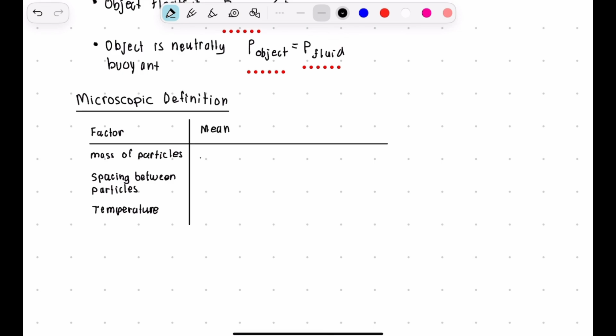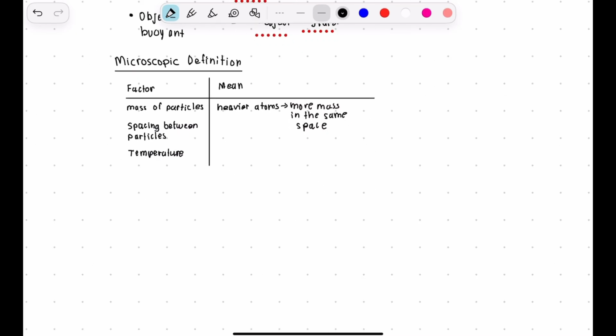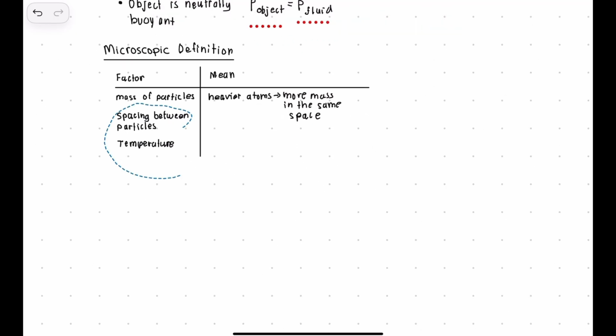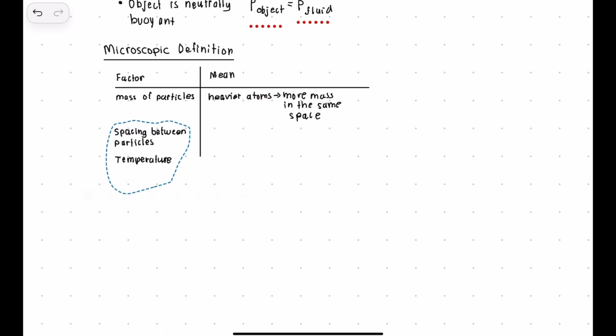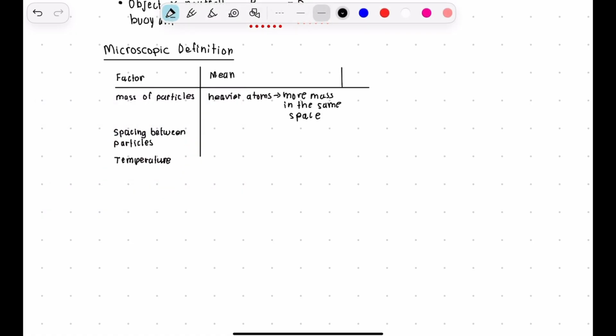Mass of particle means that heavier atoms means more mass in the same space. And what this means is that the density will increase.